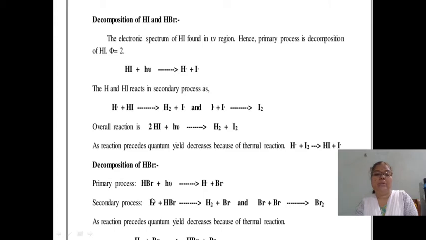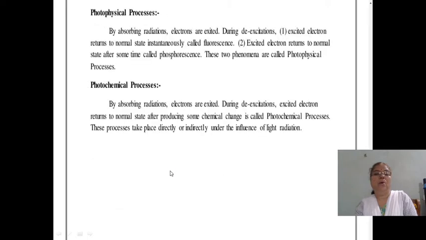The hydrogen reacts with normal HBr to produce H2 and Br, and then Br and Br combine to produce Br2, as we have just seen in the above expression. This is also an example of low quantum yield. Then I will explain the photophysical processes.